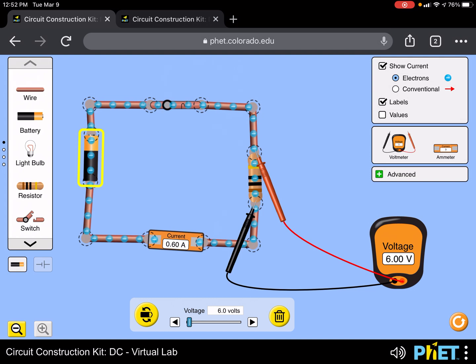You can see the current has gone up to 0.6 amps. 8 volts, the current has gone up to 0.8. And 10 volts, the current has gone up to 1 amp.